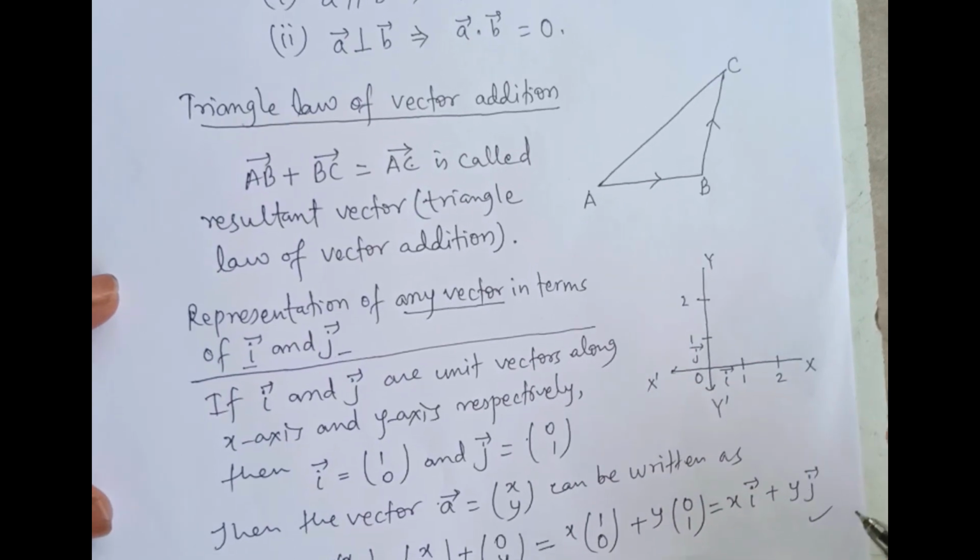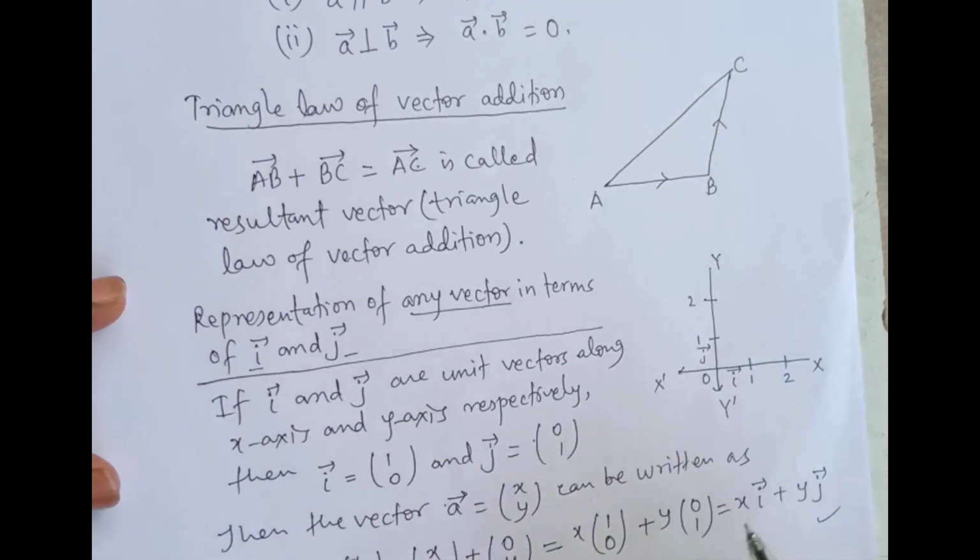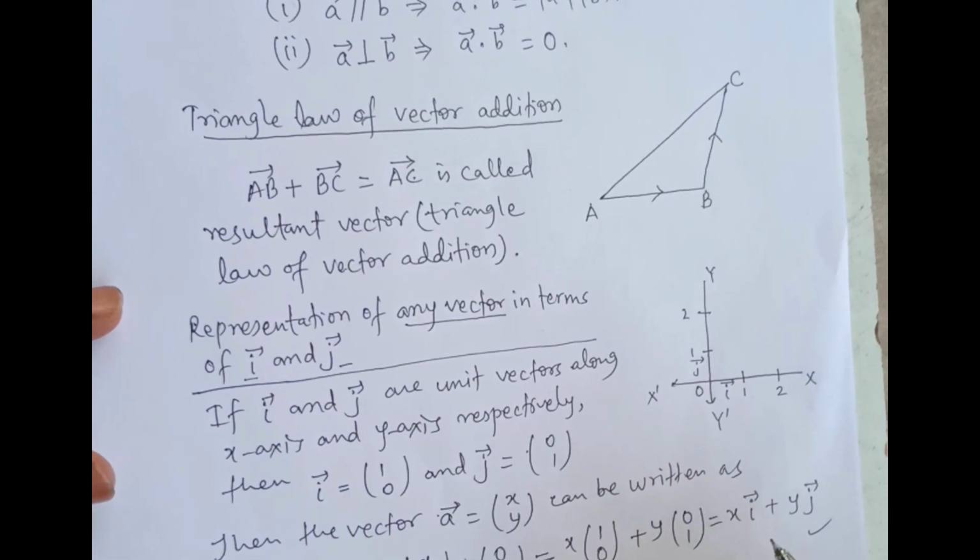So this way we can represent any vector in the ij form.